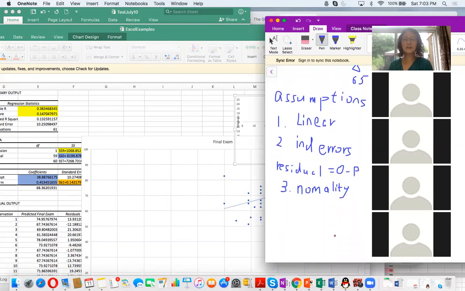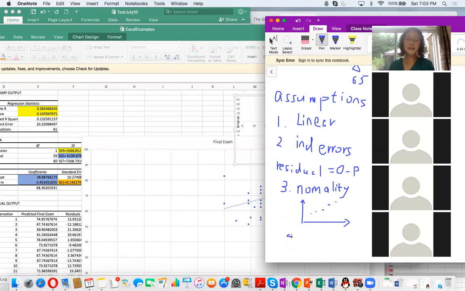How do you know error terms are normally distributed? You produce a normal probability plot. You don't produce it, actually, the computer will produce it for you. If the normal probability plot is roughly on the straight line, that means normality is met, okay?